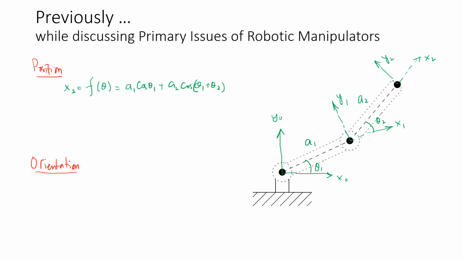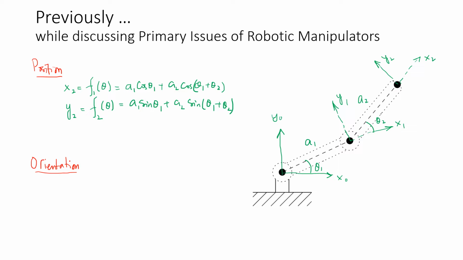Now similarly, you identified another expression corresponding to the y-coordinate, and that was also a function of thetas. So in order to differentiate the two, this can be f1 and this can be f2, and that was a1 sine of theta 1 plus a2 sine of theta 1 plus theta 2.